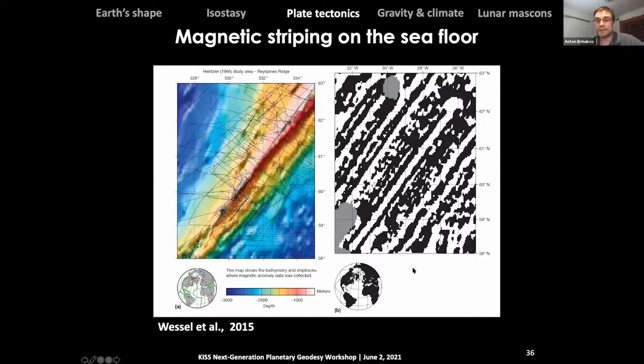The black and white colors represent alternating sense of polarity of the Earth's magnetic field recorded by the magnetized crust newly formed at the ridge. Correlation of these magnetic anomalies with the paleomagnetic data of the Earth's magnetic field reversals allowed estimating the spreading rate along the mid-oceanic ridge.